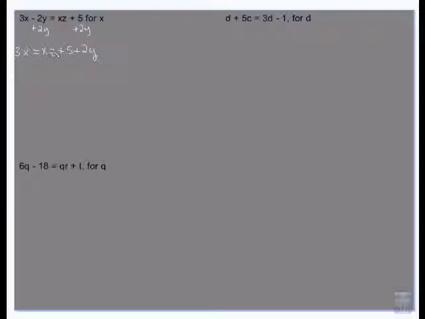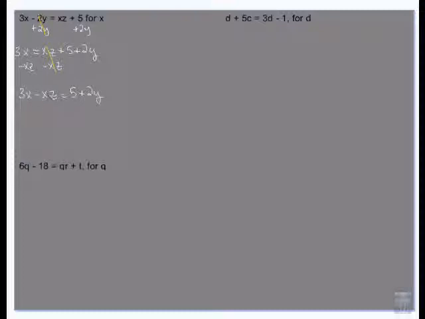And I want all the x's to be on the same side. So I subtract xz. So I get 3x minus xz is equal to 5 plus 2y. Okay, so here I was moving the 2y's, here I was moving the xz's.